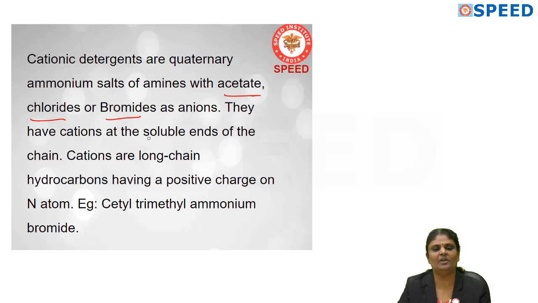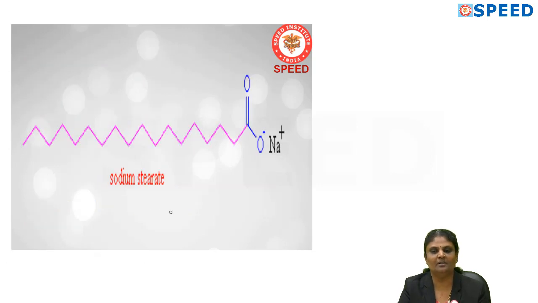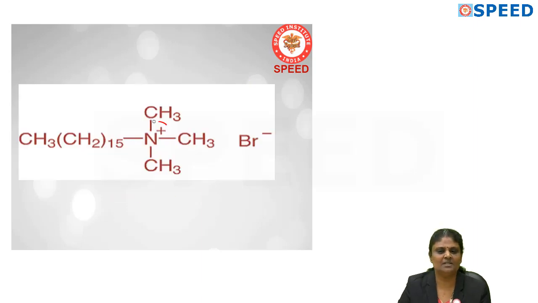Okay, so they have cations at the soluble ends of the chain. So cations are long chain hydrocarbons having positive charge on N atom. So the example is cetyl trimethyl ammonium bromide. Okay, so this is sodium stearate. So this is not cationic, and this is N plus is present.